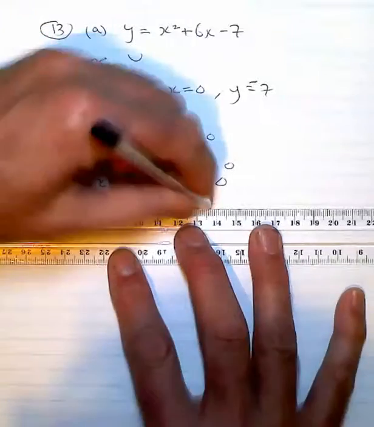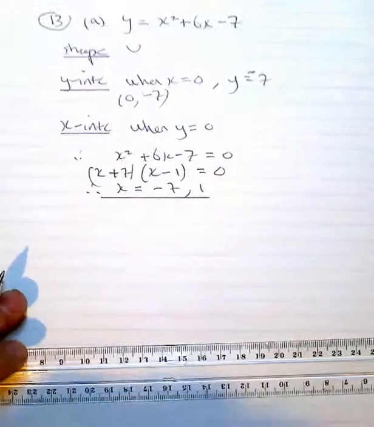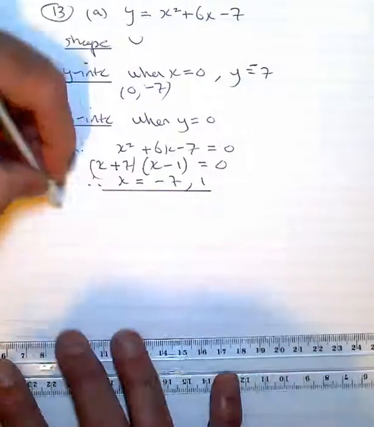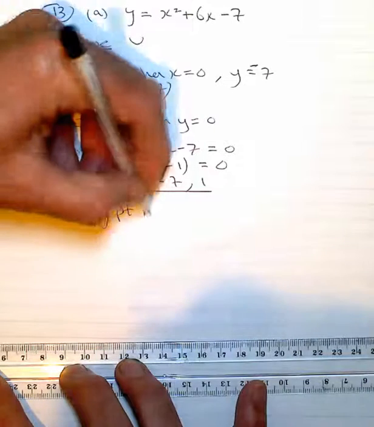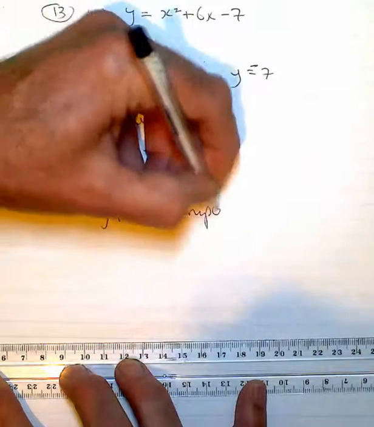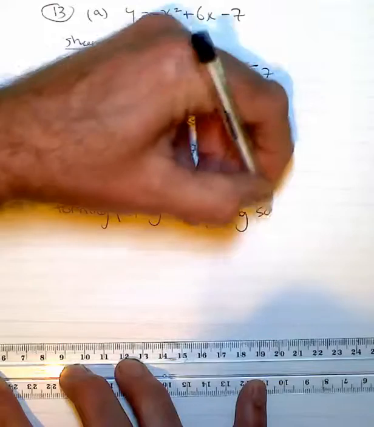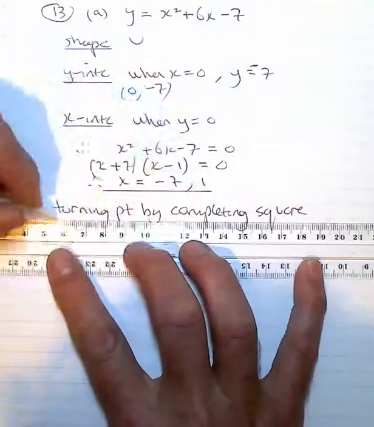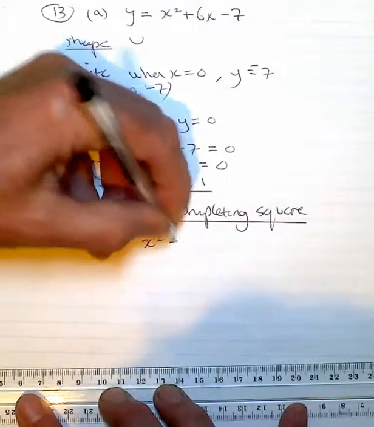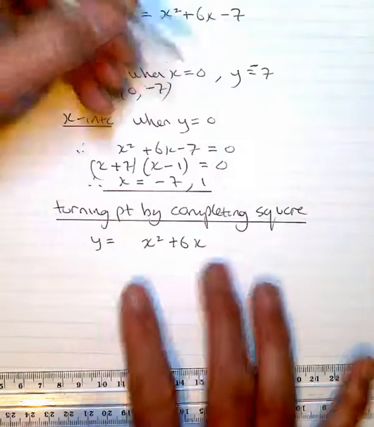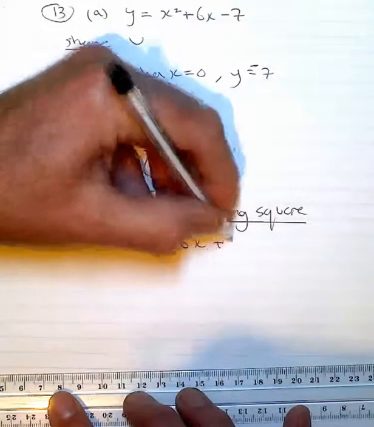so x is -7 and 1. Now what remains is the turning point. Now I'm going to find the turning point in this instance by completing the square. Now halving and squaring 6 is 9.